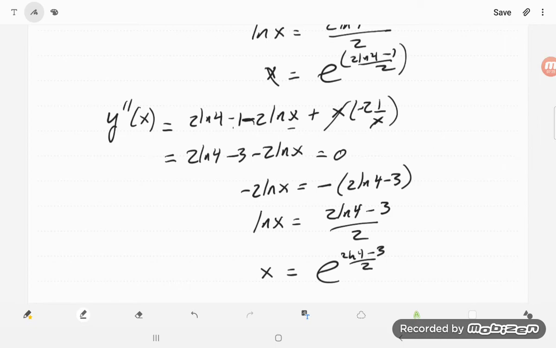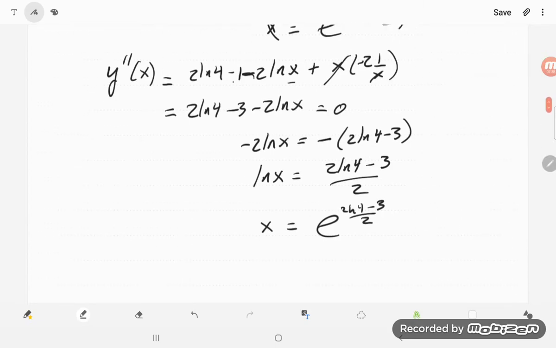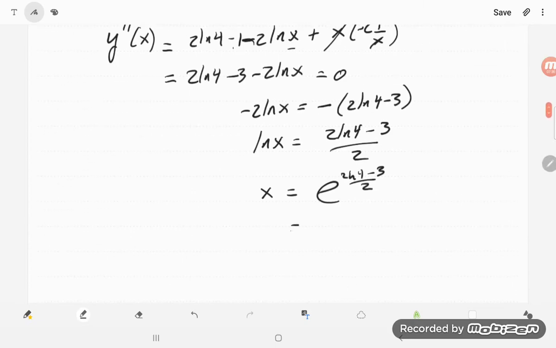There's a little bit more I could do with them, I suppose. Take this bottom number that we can get to. So this is e to the log 4 times e to the negative 3 halves. So that's just 4 e to the negative 3 halves. See, so that's not near as nasty a looking number as before. So 4e to the negative 3 halves.